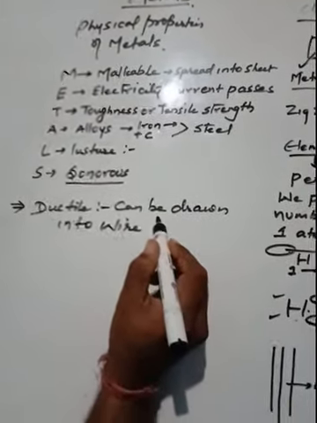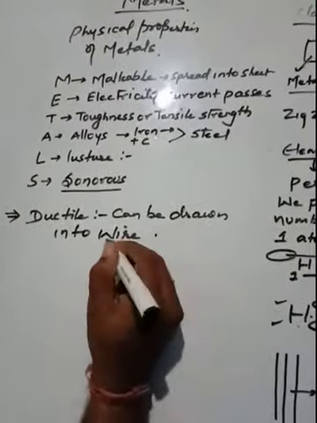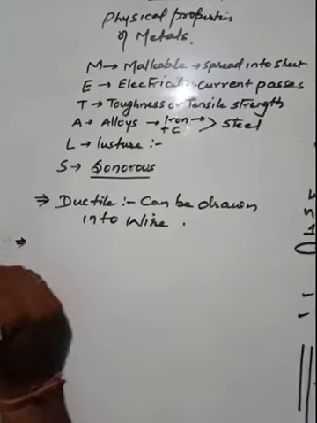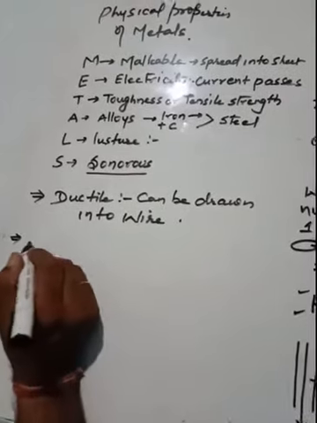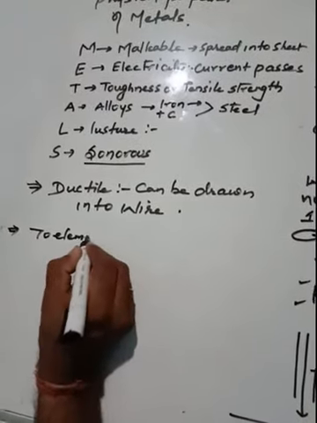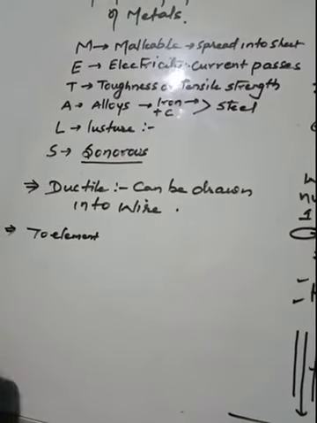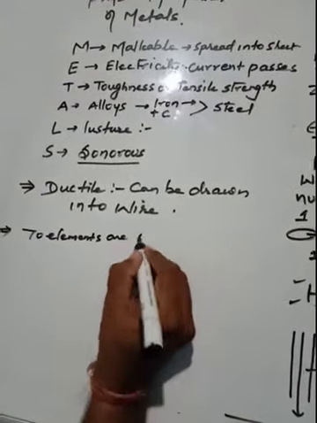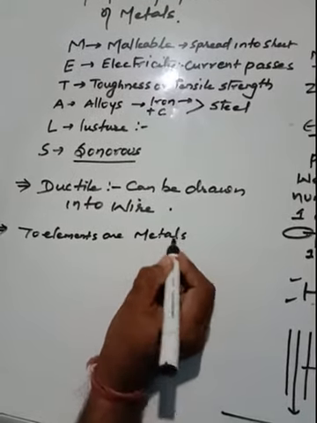So these are the physical properties of metals. But meanwhile, a few more things are to be remembered. Points to remember: there are 70 elements that are metals.